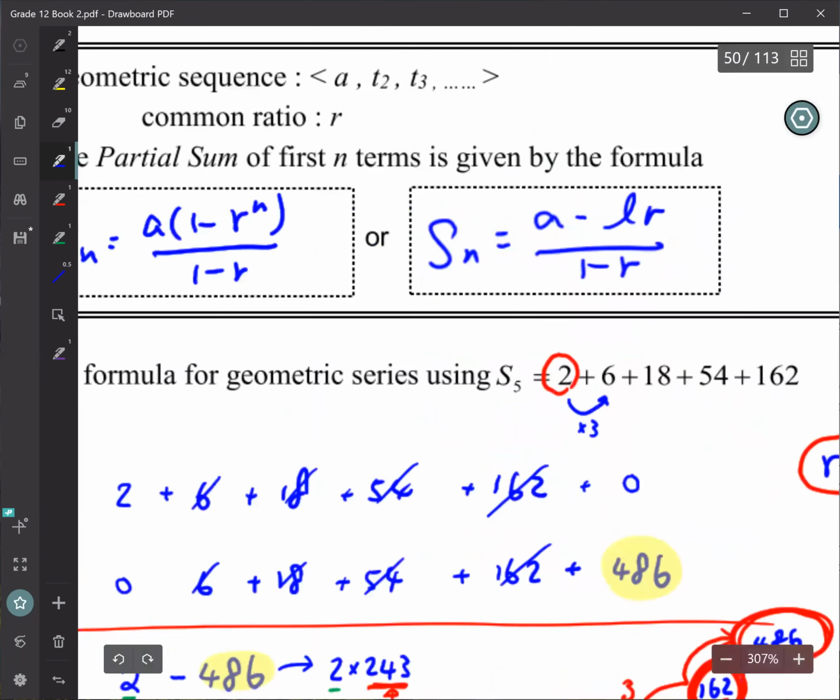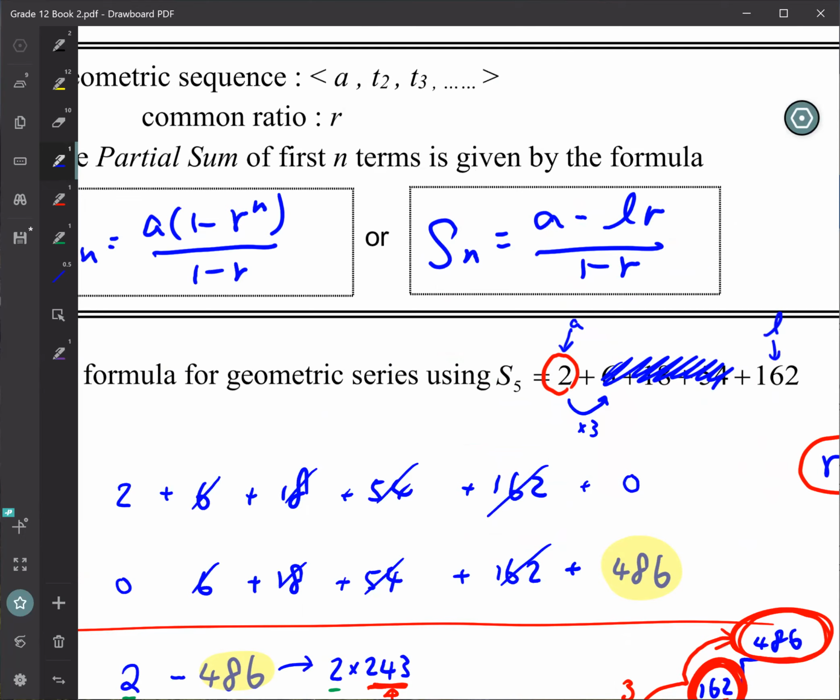You just know it stops somewhere. It's like I cross out all these. You just know the first one and the last one. You are still able to figure out the sum, but of course you need to know the ratio too. So we're going to try a few questions on the next page.